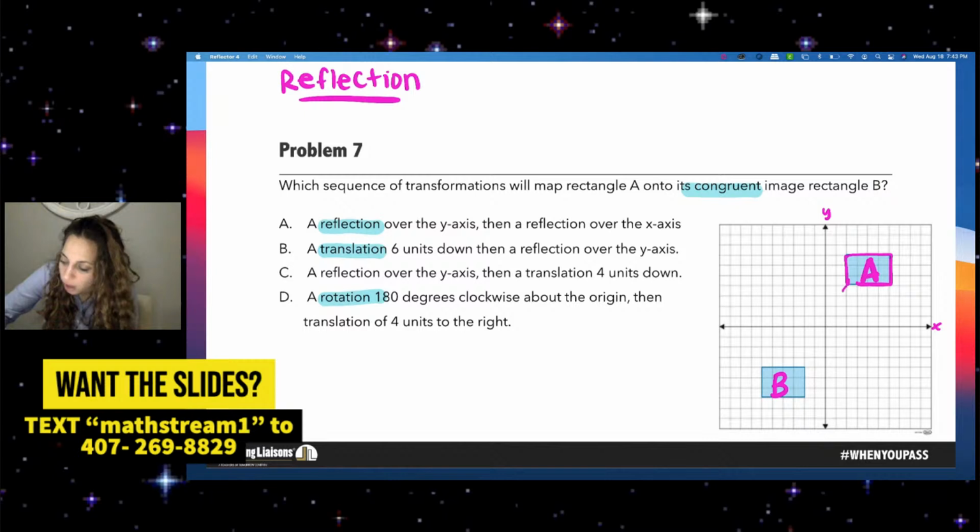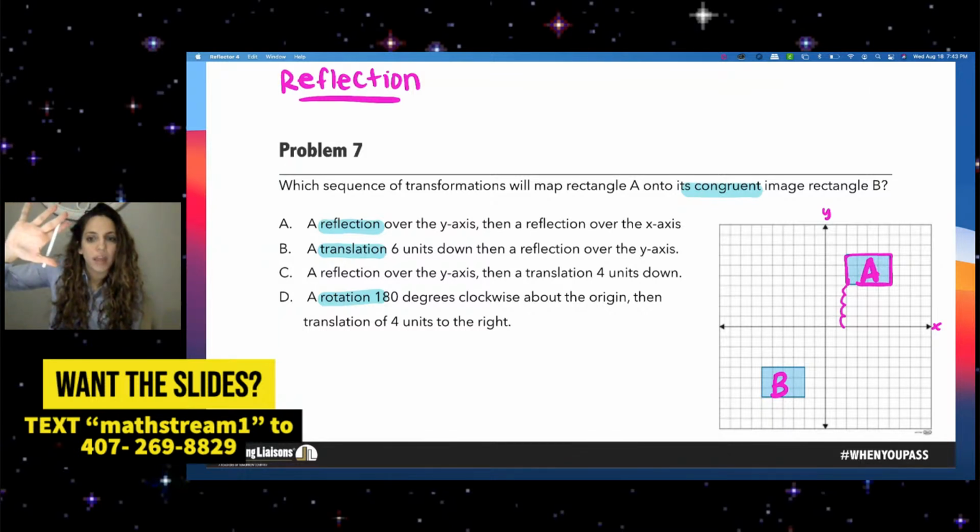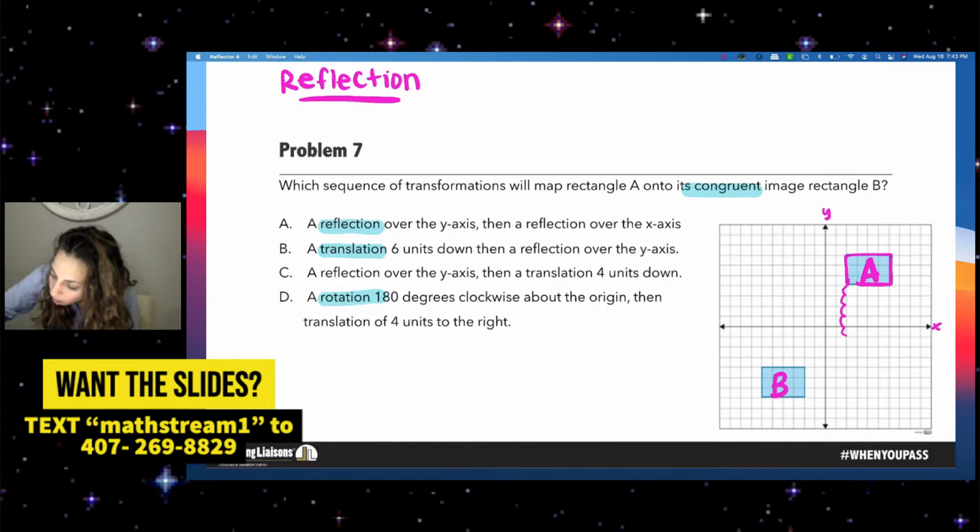Because it is 1, 2, 3, 4 units away from the x-axis in the positive direction, it has to be 4 units away from the x-axis in the bottom as well. So I'm going to go 1, 2, 3, 4, and I have A. Oh, I made that a little too long. So that is A reflected over the x-axis.